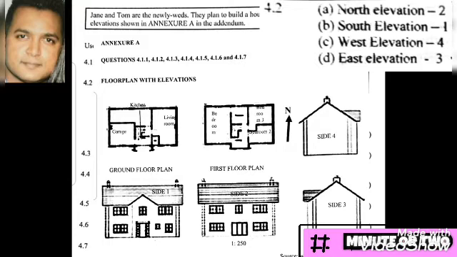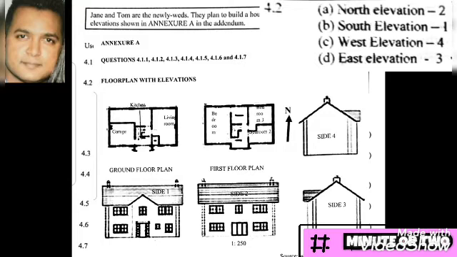So if you look at the next one, which is west elevation, and you stand on the west side of the house and you see the side that's facing the west, our answer will be side 4, because there is a little roof that sticks out, and you can notice it's on side 4.